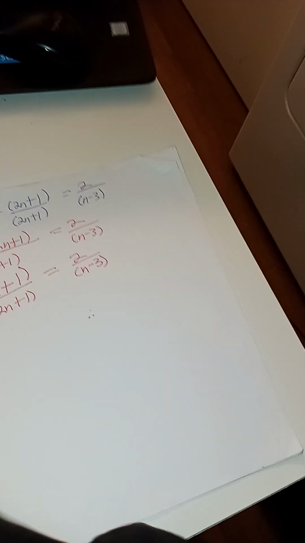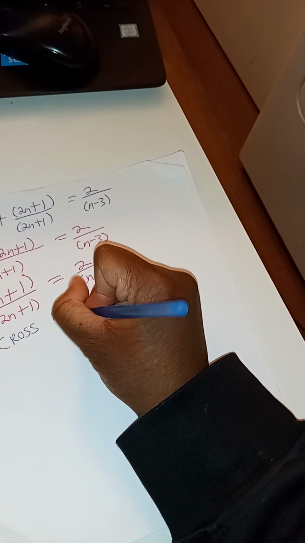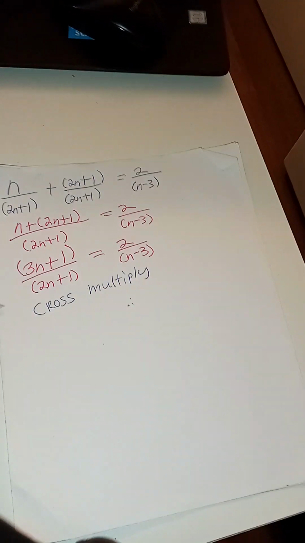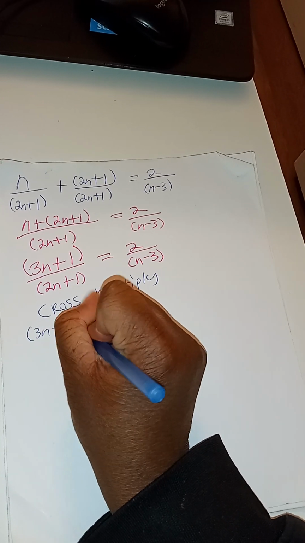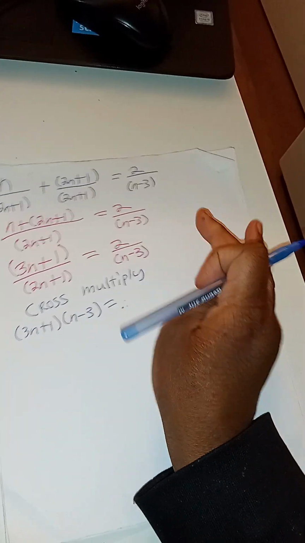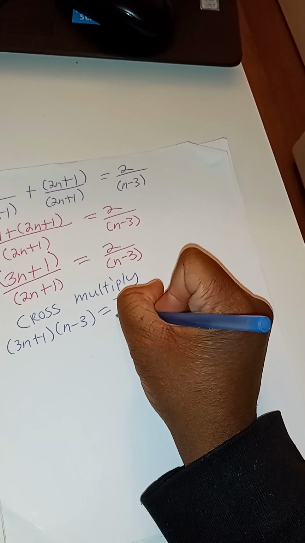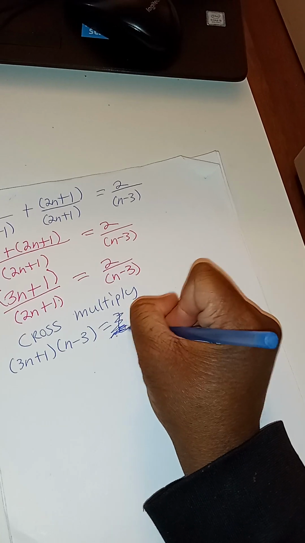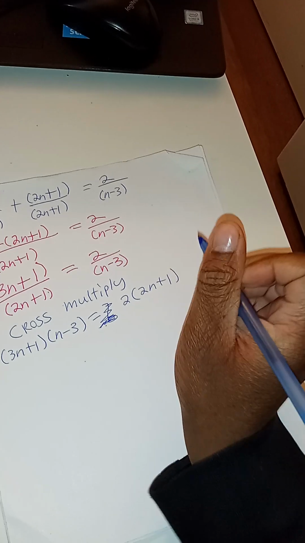Now we can cross multiply. So 3n plus 1 times n minus 3 is equal to 2 times 2n plus 1.